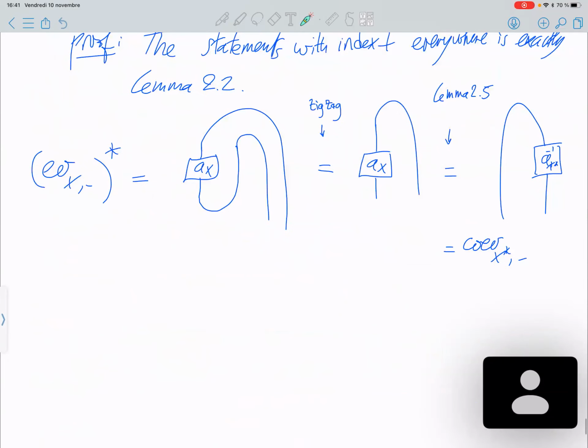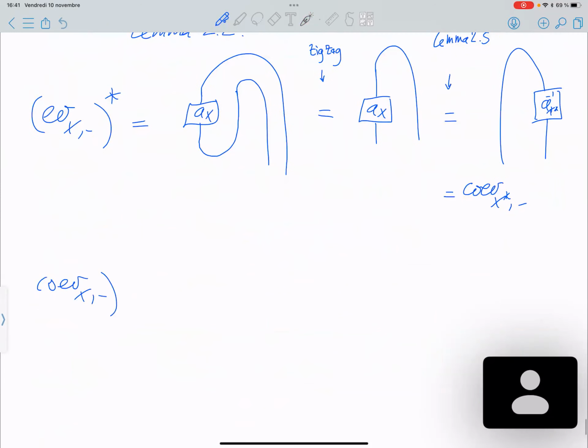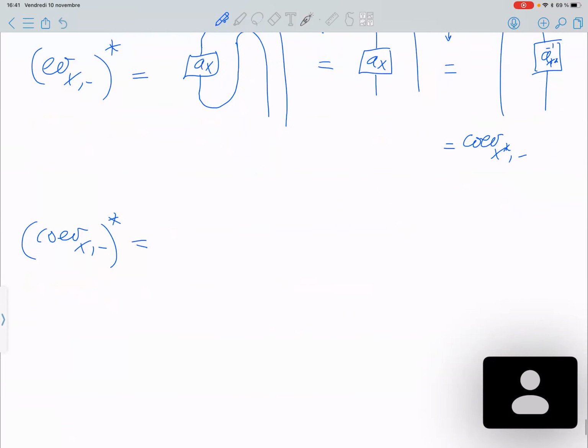And same for the other. Co-ev of X minus star is, so AX, so something like that.